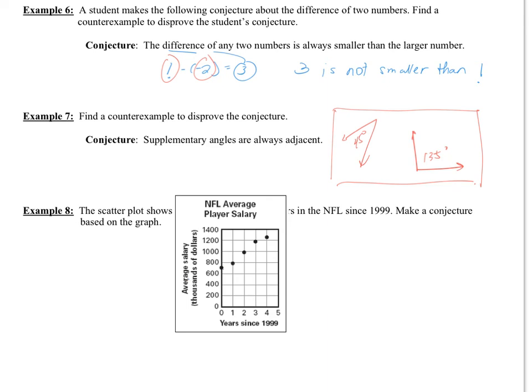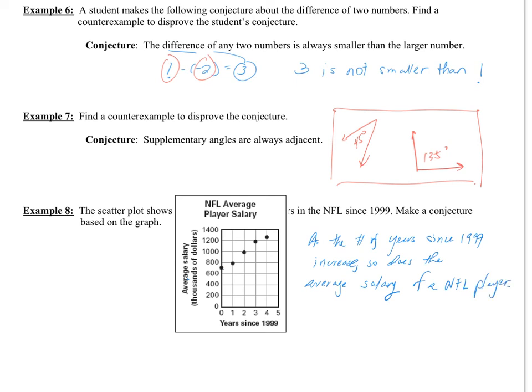So we can say as the number of years since 1999 increases, so does the average salary of a NFL player. Okay, and then we're going to continue the lesson in class.